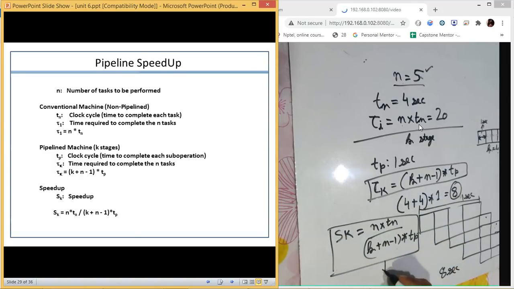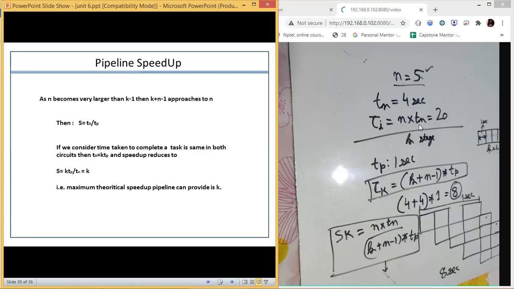This is your speed up. How much increase is there in the speed of your system? That is what it is going to tell you. So this is the speed up factor.